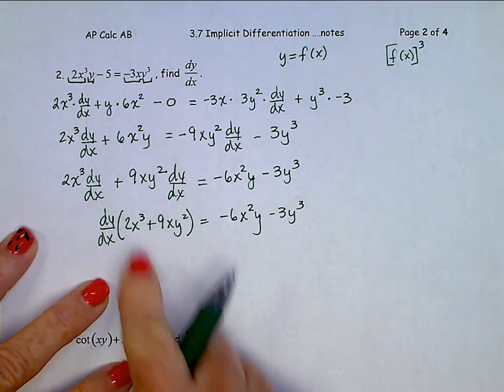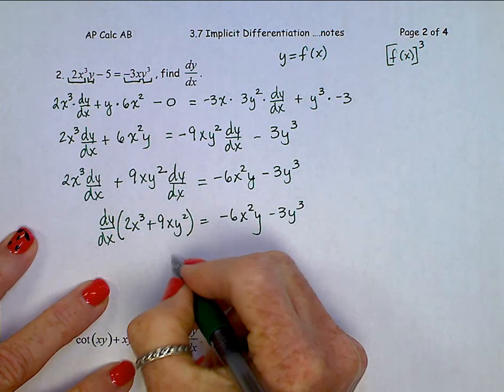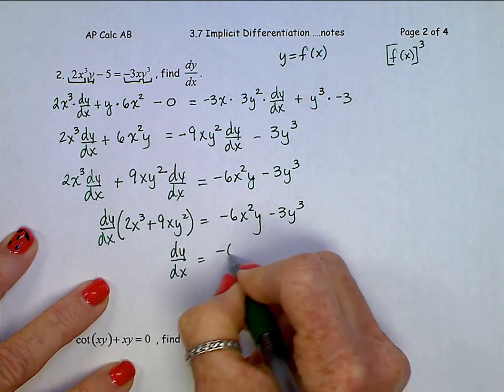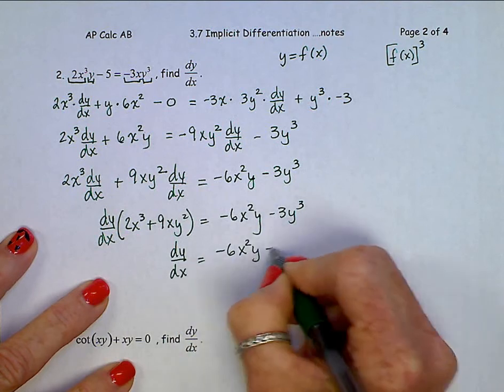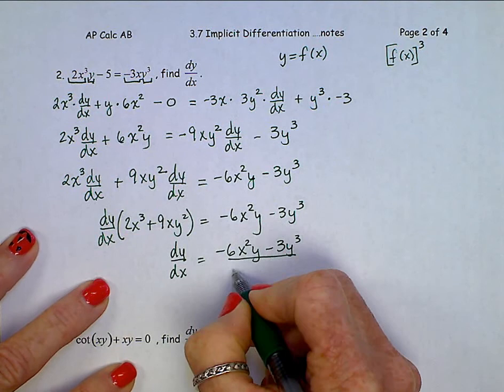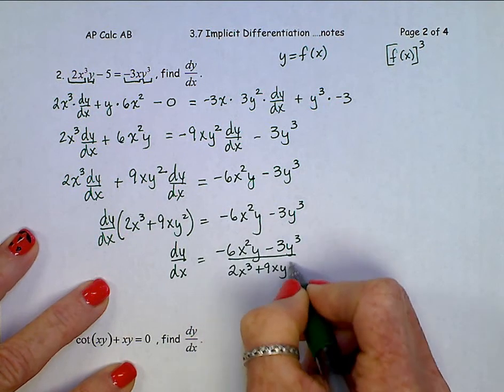And then let's divide by this quantity right here to get the dy dx by itself. So dy dx is negative 6x squared y minus 3y cubed over 2x cubed plus a 9xy squared.